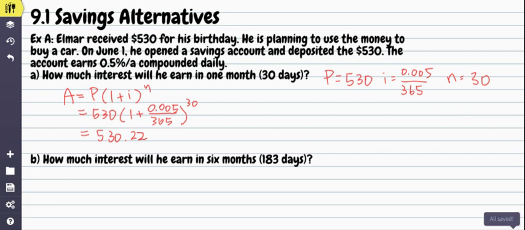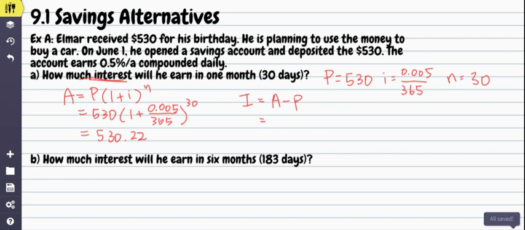So that's how much Elmar will have in his account after 1 month. On July 1st, he will have $530.22. How much interest will he earn in 1 month? That's what the question is. So make sure you read the question and double check to see if we're answering it. Well, remember that interest is A minus P, the amount, the future value, minus the present value.